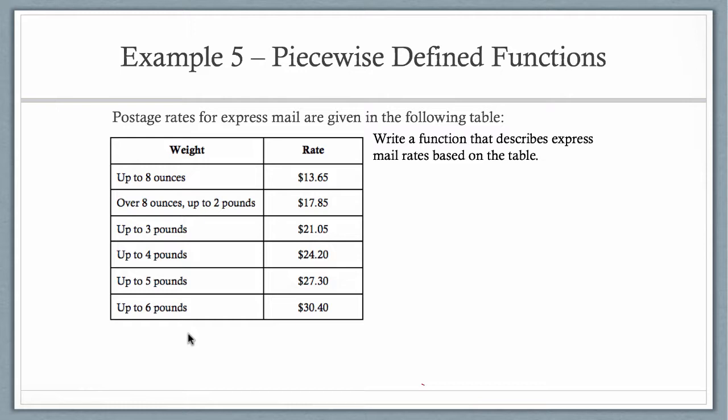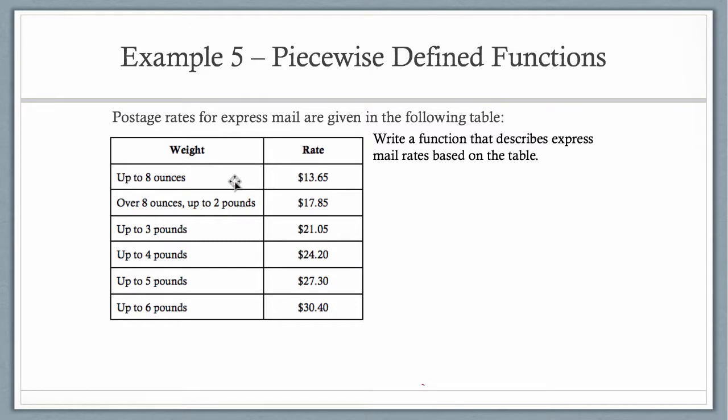In our last question, we're looking at piecewise defined functions. So it's pretty easy to read the table and be able to determine how much a package is going to cost depending on the weight of the package. So if I have a package that is only 5 ounces, well, I know that falls into this line right here. We're not over 8 ounces.